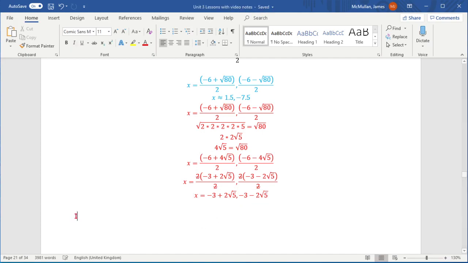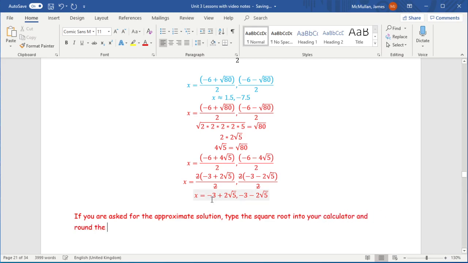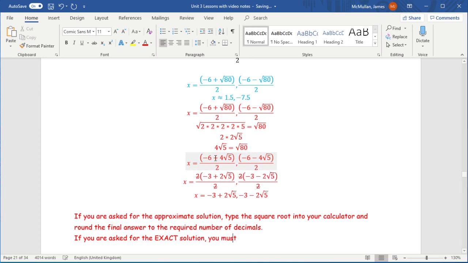So let's summarize this. If you are asked for the approximate solution, type the square root into your calculator and round the final answer to the required number of decimals. If you are asked for the exact solution, you must not put the square root into the calculator and instead try to simplify it.